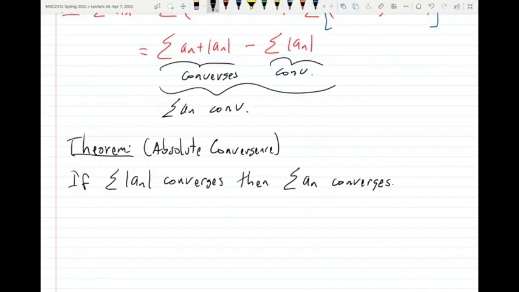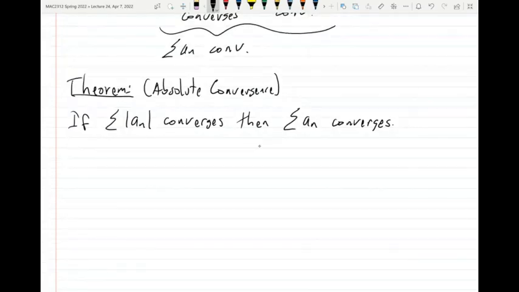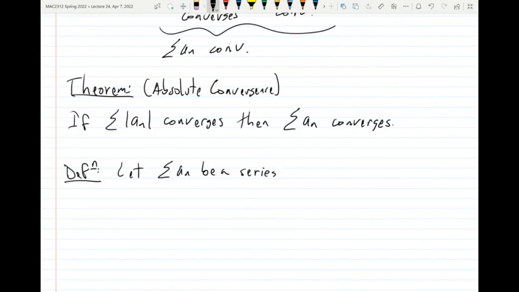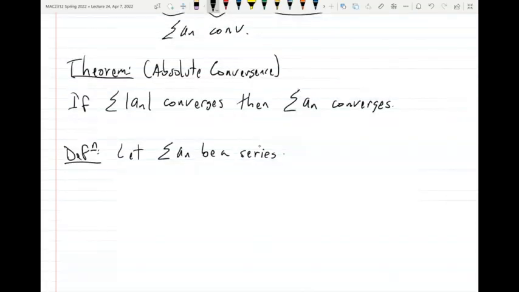Okay, so let me write that down. So definition. Whenever you have a question and they ask you to determine whether the series converges absolutely or not, what you need to do is look at the series of absolute value and check for convergence. Okay. So let the sum of AN be a series. I'm not putting limits here because it doesn't really matter. That's why I'm not putting whether it starts at 1 or 0 or 20. It doesn't matter. So let AN be a series.